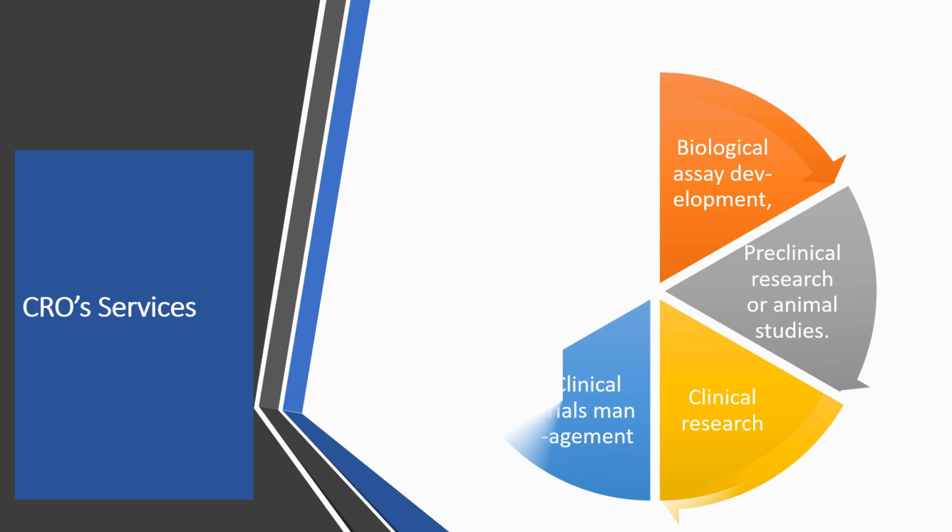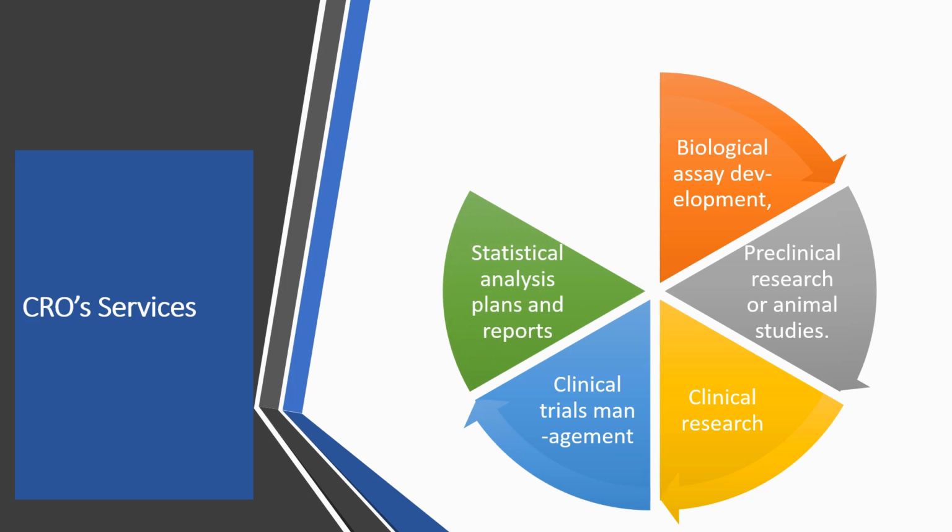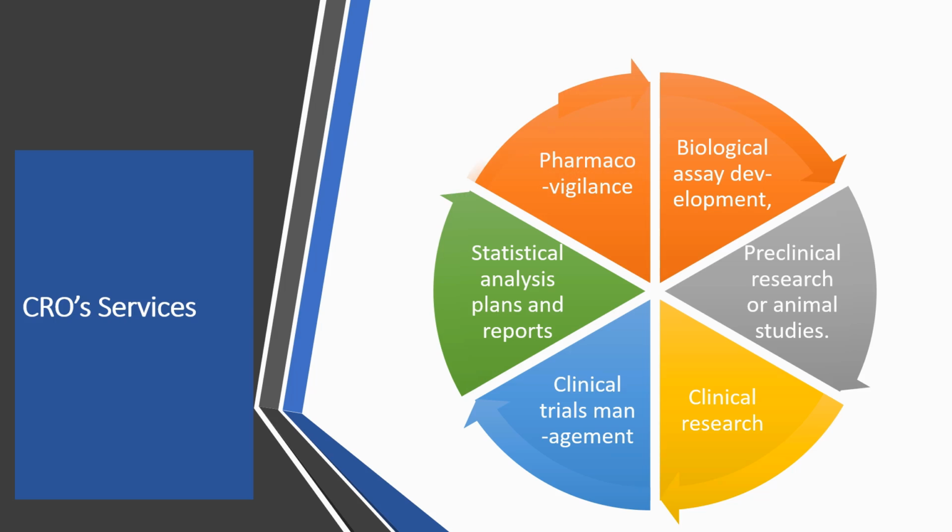Other services include clinical trial management, which includes project management, database design and build, clinical trial data management, medicine and disease coding, quality and metric reporting, followed by statistical analysis plan and reports, followed by pharmacovigilance.